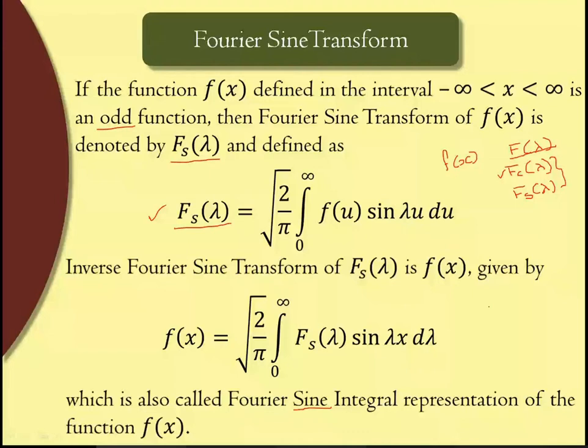And we know the properties of even and odd functions. If the integration is from minus a to plus a, and if you have an even function inside, then that integration becomes 2 times integral 0 to a. And if it is an odd function, then the integration is 0.